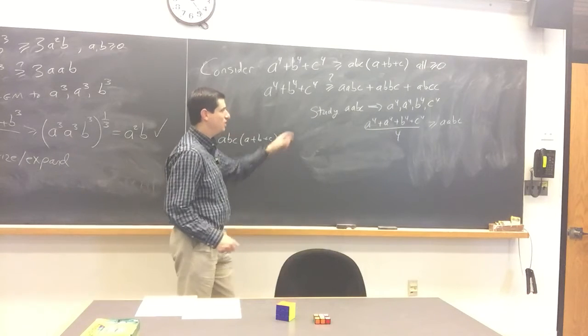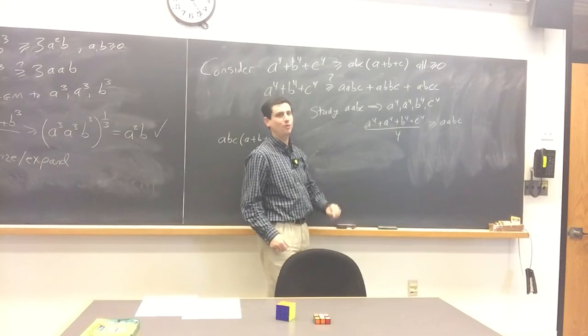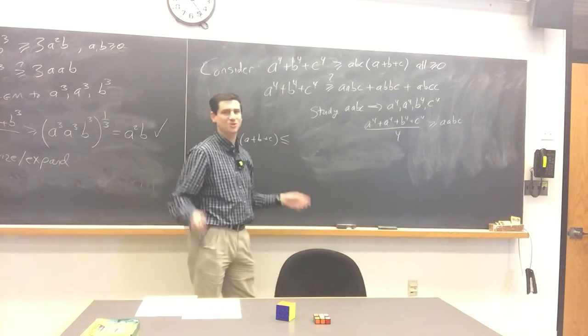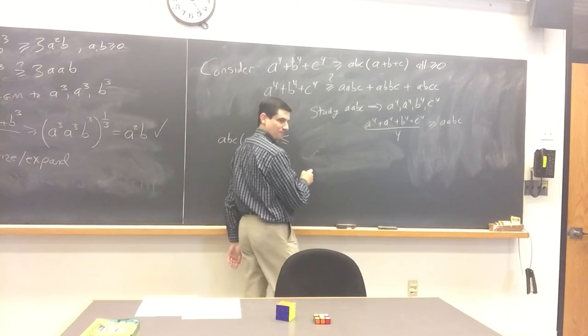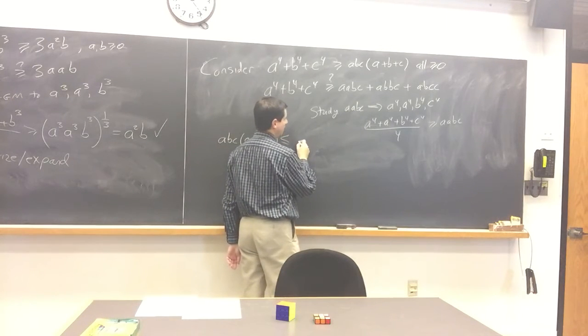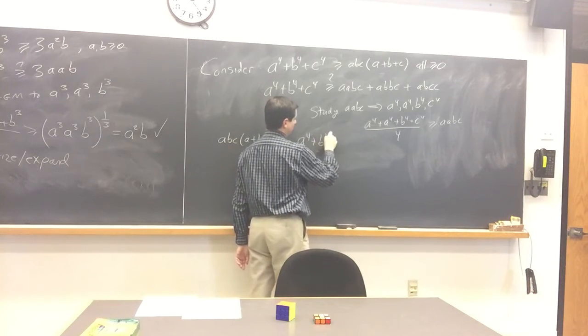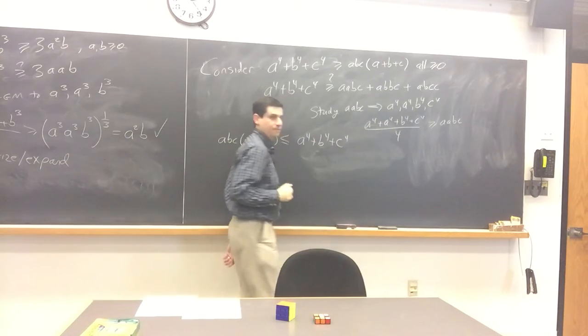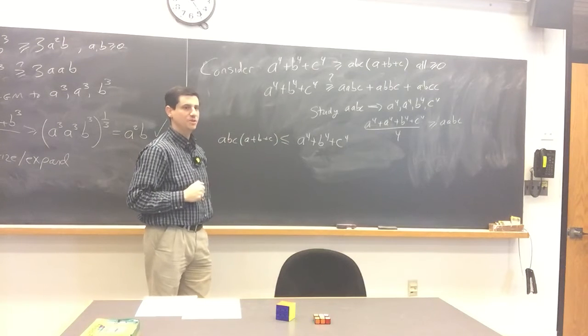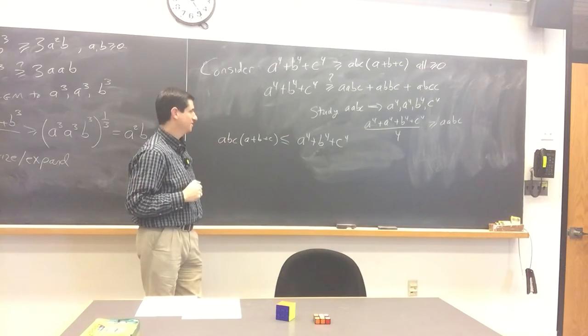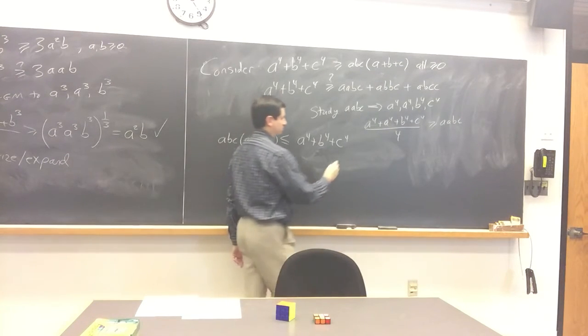And so we will end up with 4a to the 4th, and 4b to the 4th, and 4c to the 4th, and so the 4's will cancel. So we will then have a to the 4th plus b to the 4th plus c to the 4th. And this is because things will cancel nicely. And that's what we wanted to show.